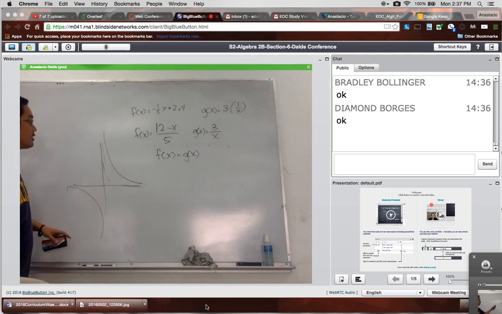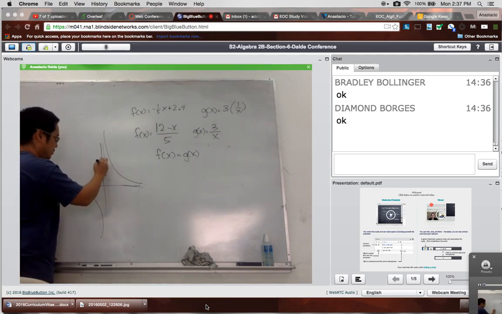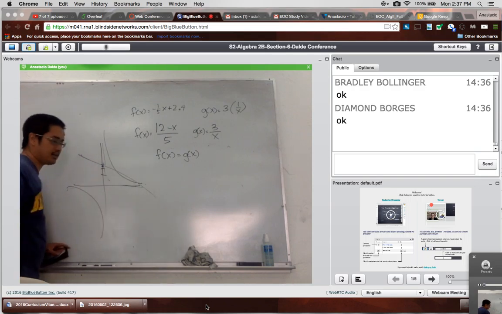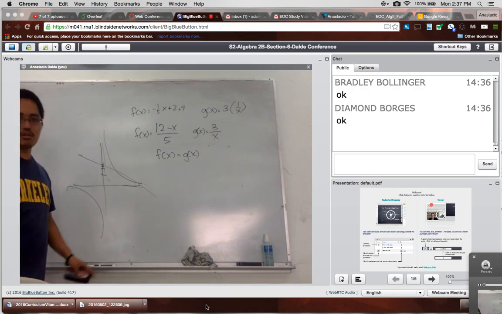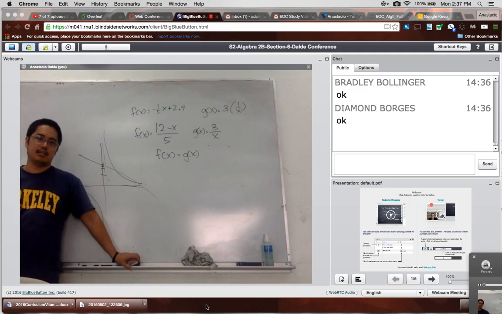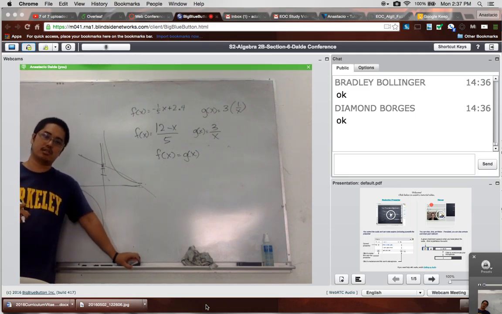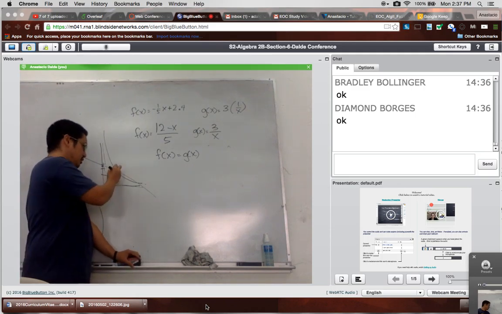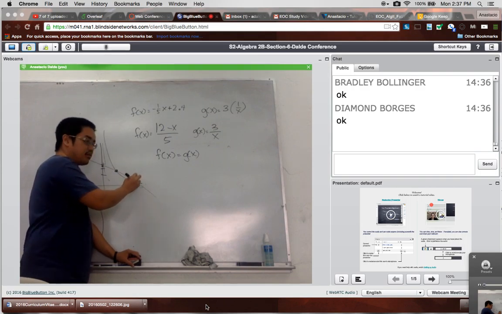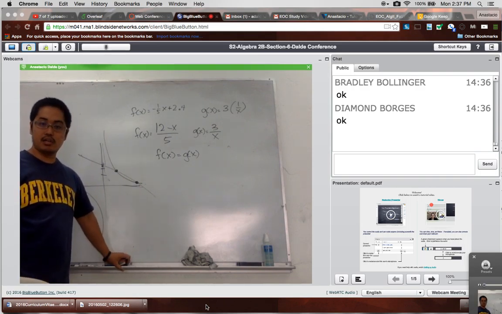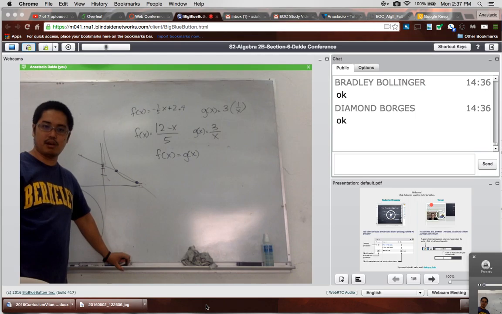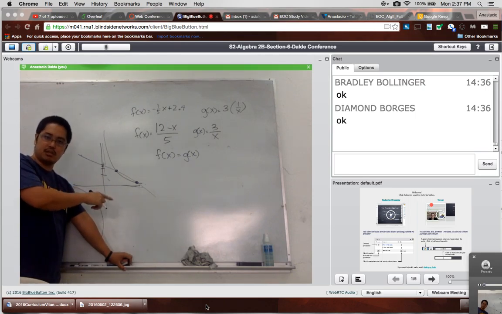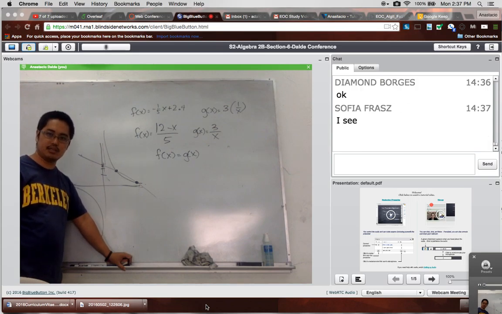The graph of f is this. It's at 2.4, and it's at negative 1/5, so something like that. So I suspect that there are going to be 2 intercepts, right here and right here. Or none. There could be none, depending on if I drew my graph accurately or not. But do you see how there could be up to 2 intercepts in this particular case?